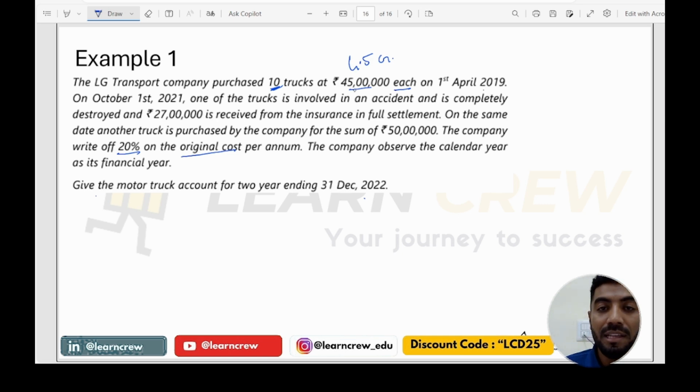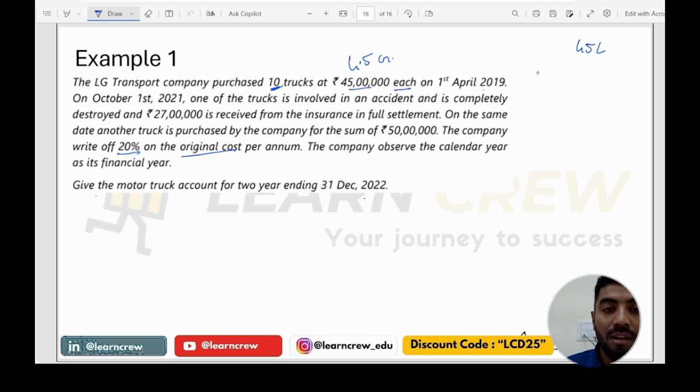Basically it was purchased for the value of 45 lakhs. Purchased on 1st April, so depreciation is to be calculated for 9 months, into 20%.